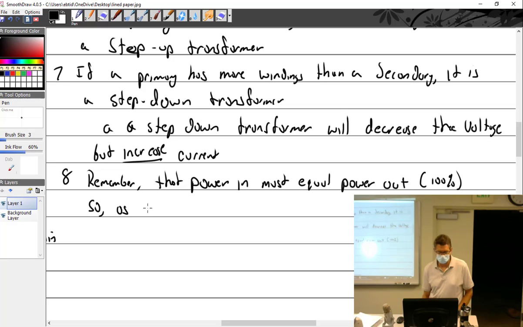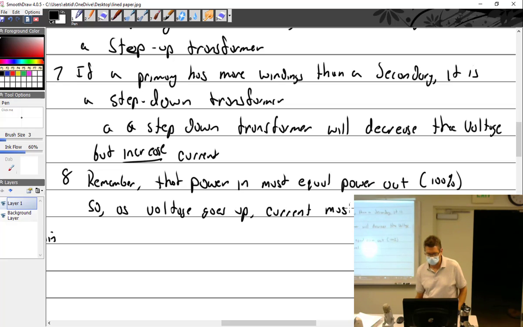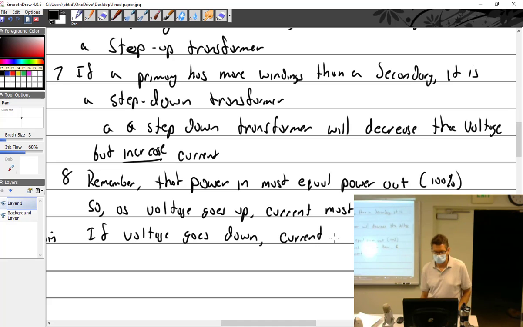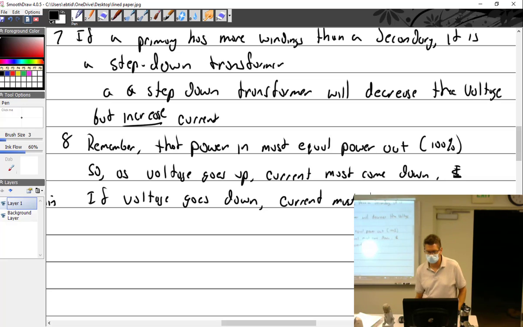So as voltage goes up, current must come down. If voltage goes down, current must do what? Go up.